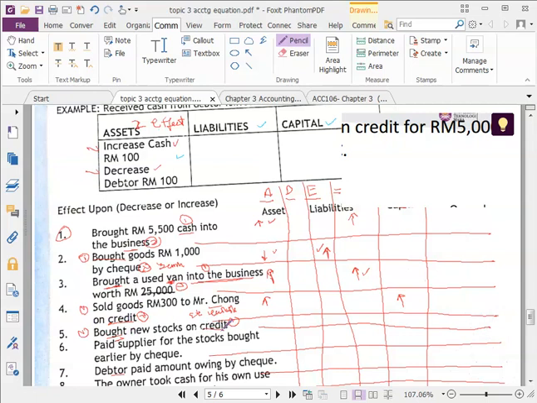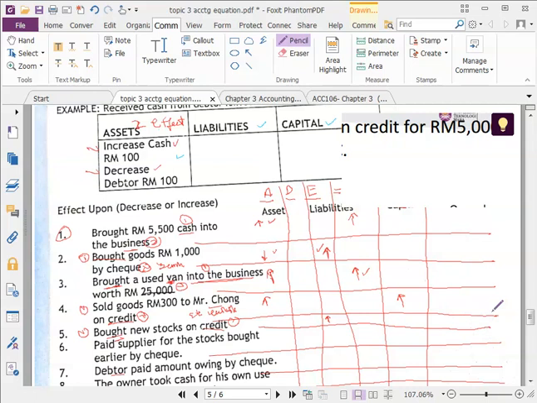So how about purchases? Which element is affected? Yes, please. The answer? Okay, very good. Expenses. Okay. Increase expenses. Another one on credit.